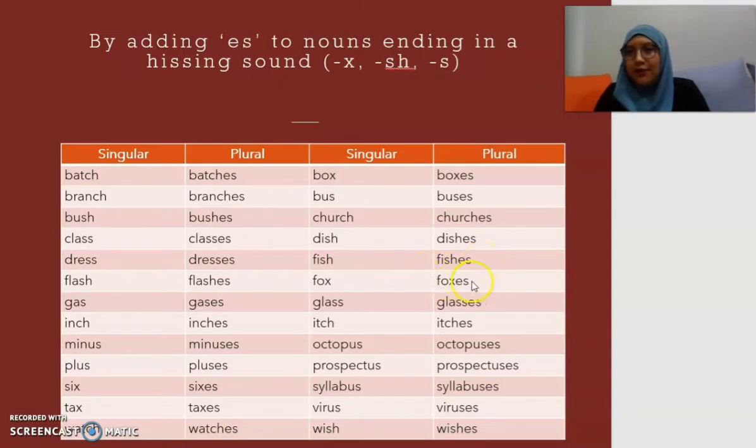Fox, foxes. Glass, glasses. Itch, itches. Octopus, octopuses. Prospectus, prospectuses. Syllabus, syllabuses. Virus, viruses. And wish, wishes.